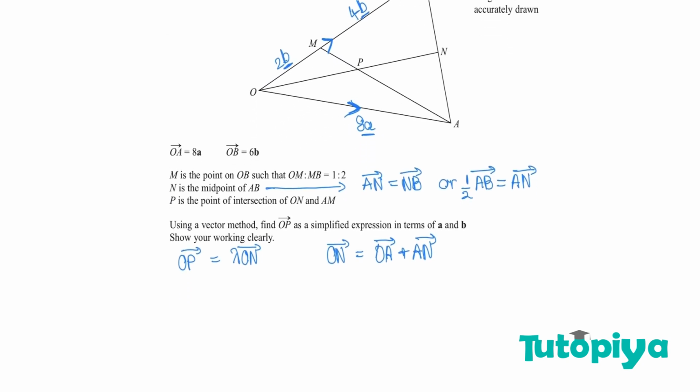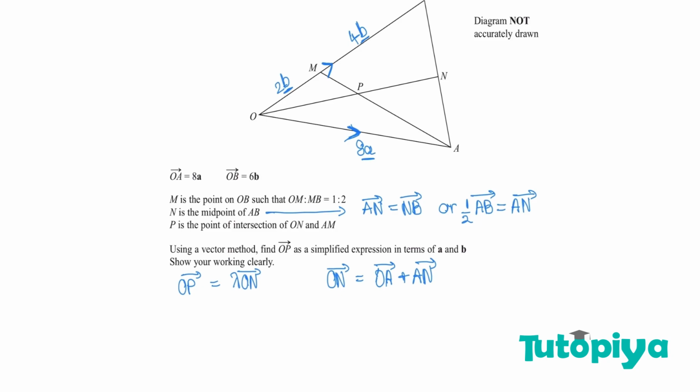If I move down here to get some space, we will start off by calculating AB, right? From the diagram we can see that AB is basically AO plus OB. Since I am going in the opposite direction of OA, this is going to be negative 8A, plus I am going to go from O to B, so the total 6B is taken there.